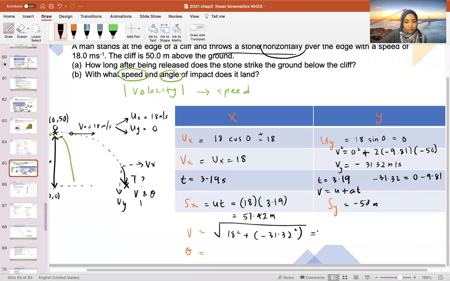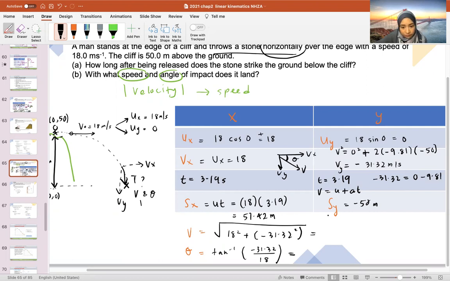And can someone find out what is v? And for the theta is inverse tangent. Vy is minus 31.32 and Vx is 18. And immediately we know that this Vx is positive and our Vy is negative, which means that our V angle should be below the x-axis or a negative angle, right? So what's the answer here?